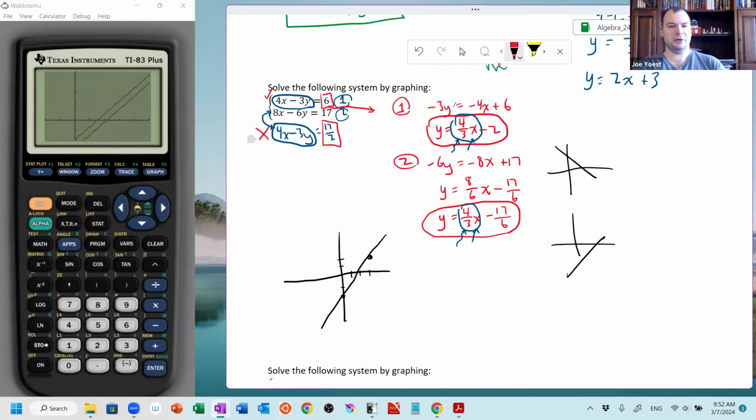If it solves the first equation, 4x minus 3y has to be 6, but 4x minus 3y cannot then also be 17/2. Or if it solved the second equation, if I chose such an x and a y that 4x minus 3y equals 17/2, and I get a solution to the second equation, it cannot solve the first equation because 4x minus 3y has to be 17 halves, not 6. There must be no solution here.